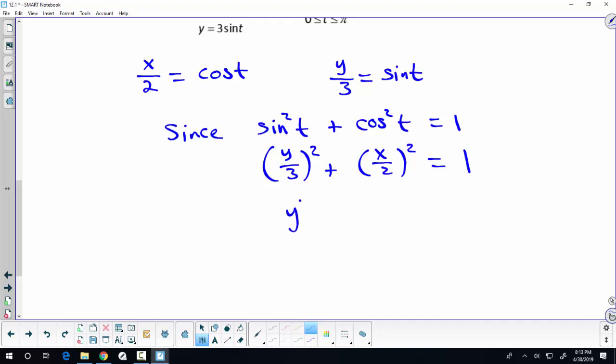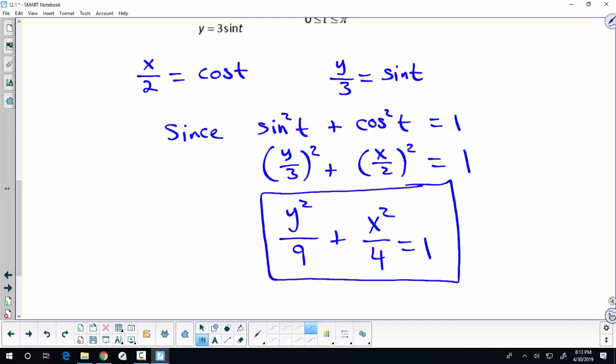So we've got y squared over 9 plus x squared over 4 equals 1. So what is that? An ellipse.